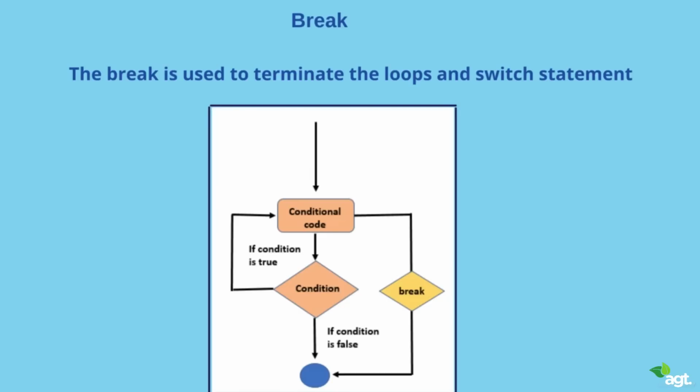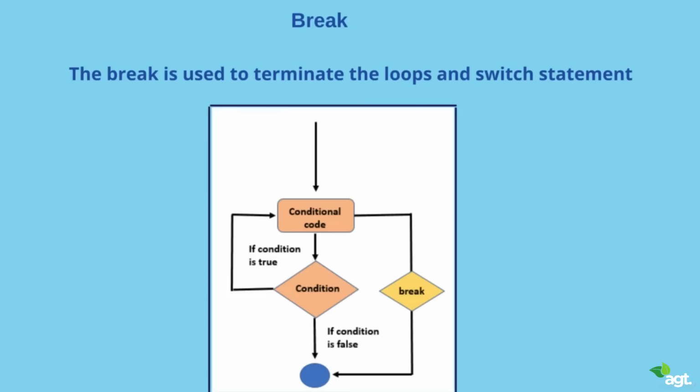But apart from that, if at any time during the execution of the loop a break statement gets executed, it will also terminate the loop, whether the condition is still true or false. Maybe the break would have its own condition that you can pass inside the loop. So break can terminate the switch statement, which we have already seen, and it can also terminate loops, which we'll see in this execution.